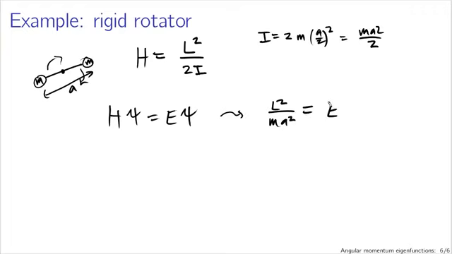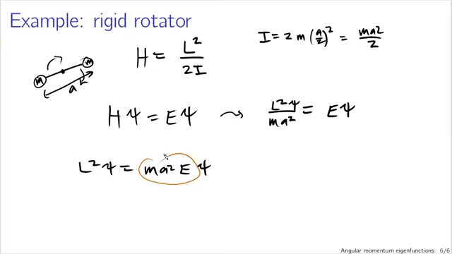If this is going to be equal to L squared acting on psi is going to be equal to E times psi, ma squared here is a constant, I can rearrange this and write L squared psi is equal to ma squared E times psi. This now, this ma squared E, this is my eigenvalue of an eigenvalue problem with L squared in it. I know what those eigenvalues are.